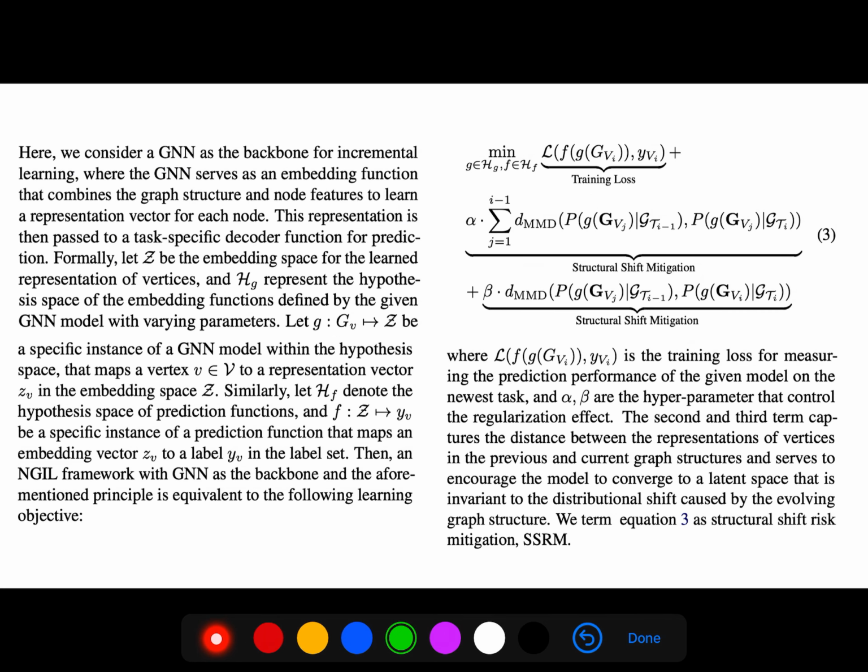Then they try to minimize this. Of course, we always include the original training loss, because we have a classifier. And then for the next two terms, they use maximum mean discrepancy to reduce this loss. This is structural shift mitigation.